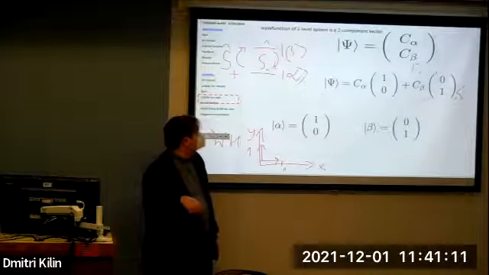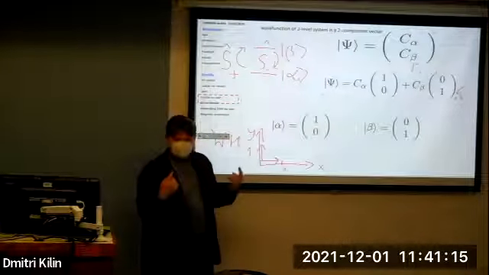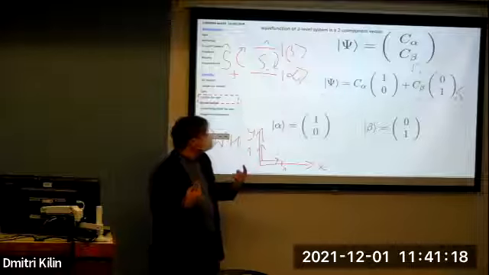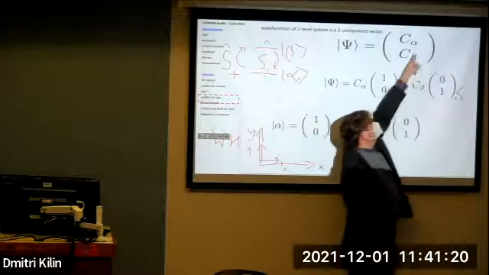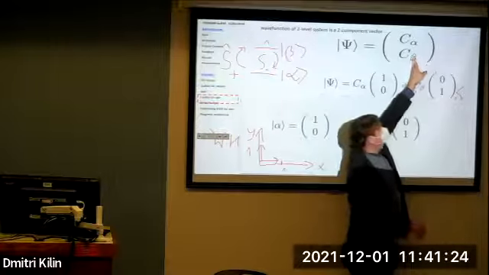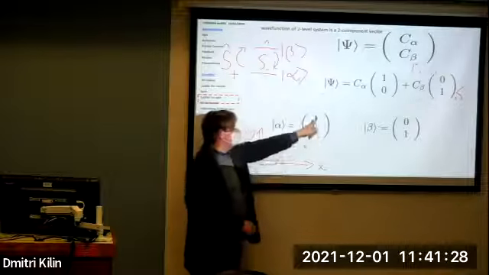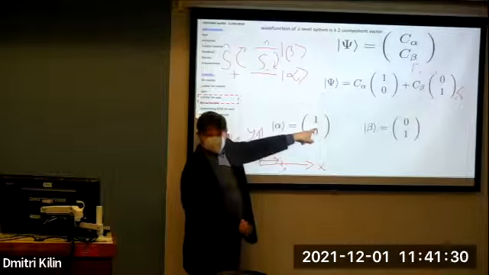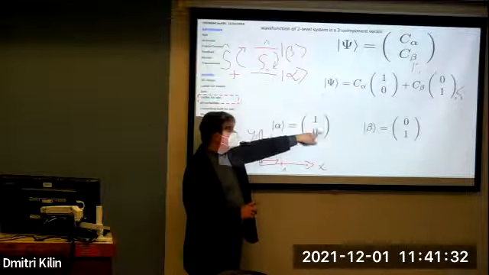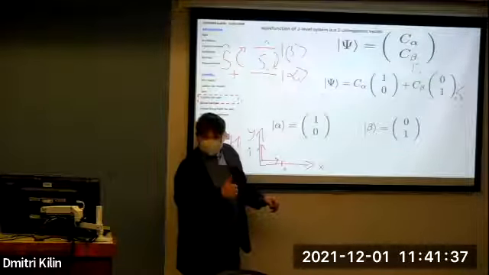And then one can represent it either by up and down vectors with coefficients alpha and beta, or one can use it as a vector, C sub alpha, C sub beta. Same as we did in other things, discrete quantum mechanics. And then basis functions for alpha and beta can be these vectors with two components, 1, 0 and 0, 1.